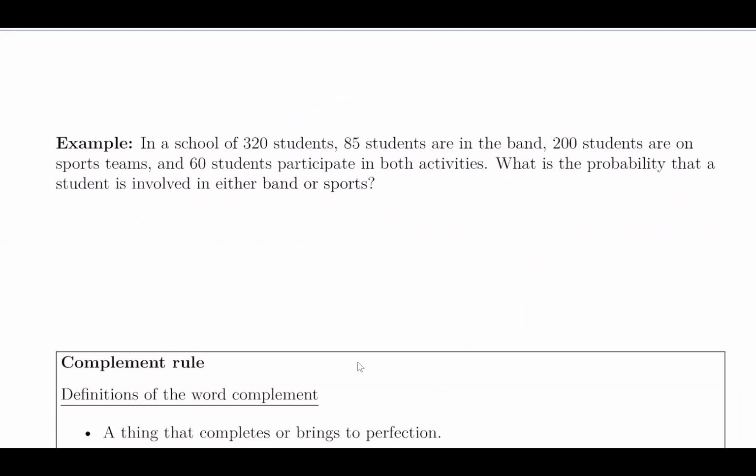So for this one, it said in a school of 320 students, 85 students are in band, 200 students are in sports team, and 60 students participate in both activities. What is the probability that a student is involved in either band or sports? So for this one, what is one of my events?